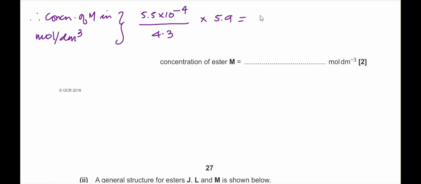Putting that into the calculator, we get 7.56 times 10 to the power of minus 4 moles per dm cubed. Putting that into two significant figures, 7.6 moles per dm cubed.